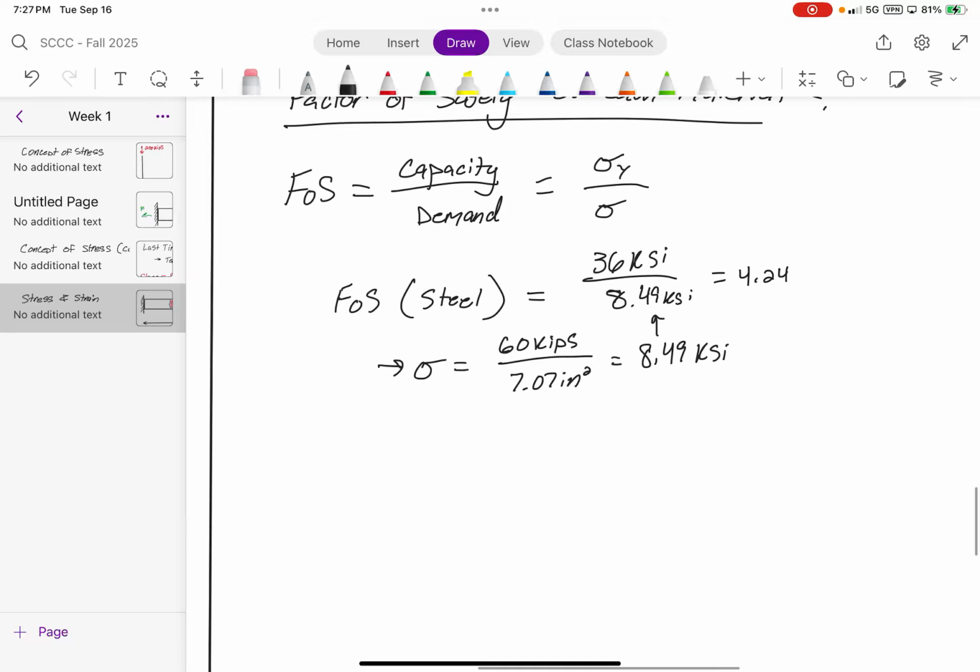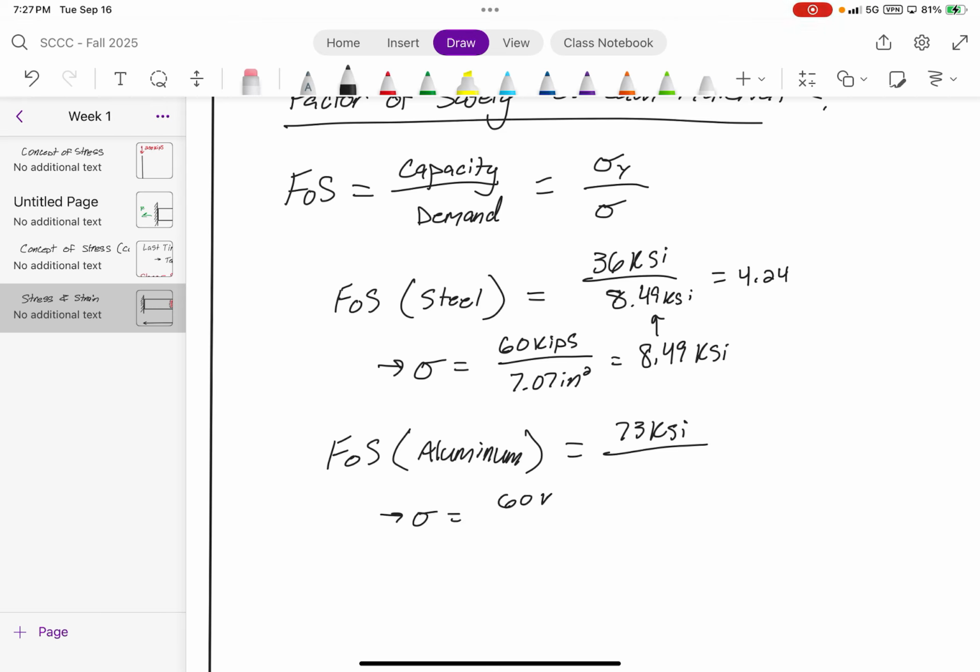All right, let's do the factor of safety for the aluminum now. What's the yield strength of the aluminum that we specified? 73 KSI. So we need to compute the stress.